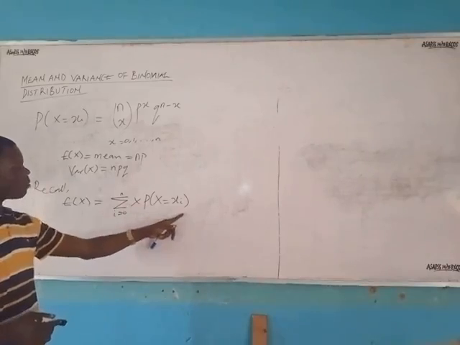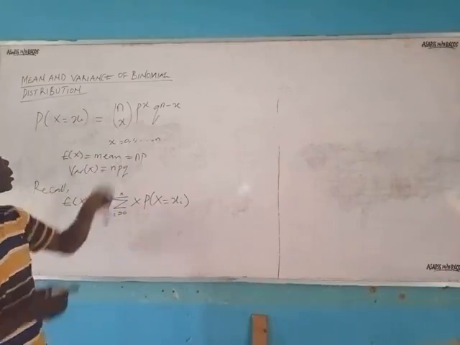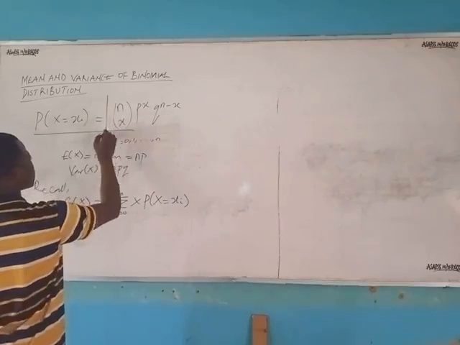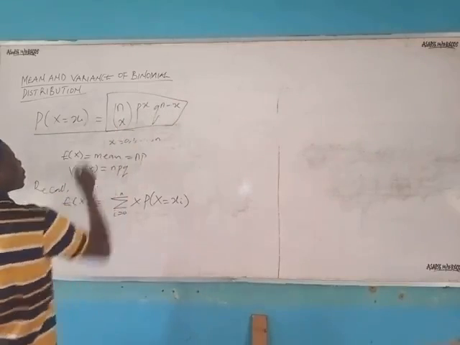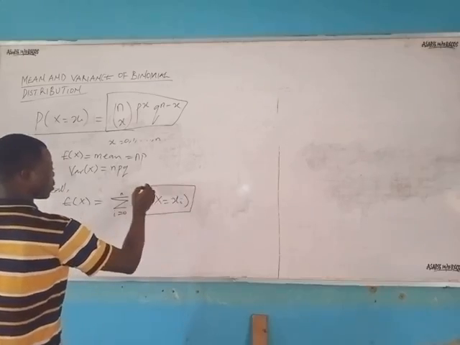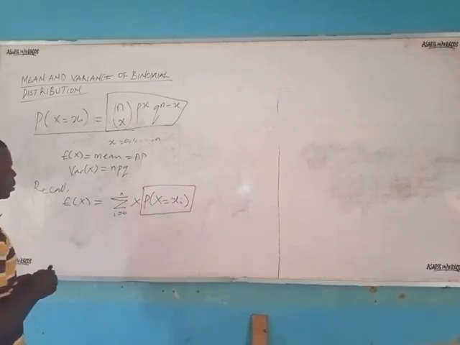Our P of x is what is here, so we are replacing this by this in order to further our calculation.